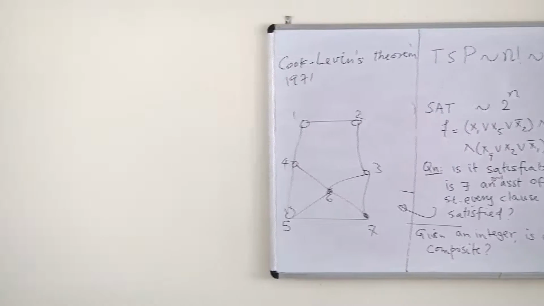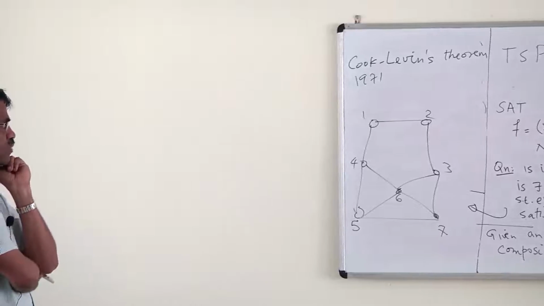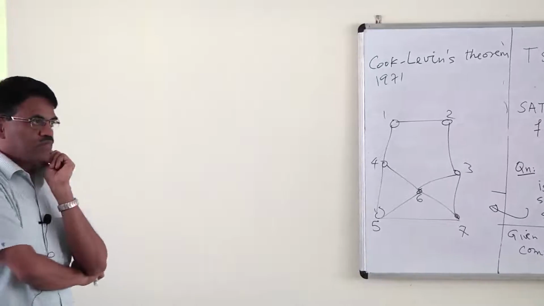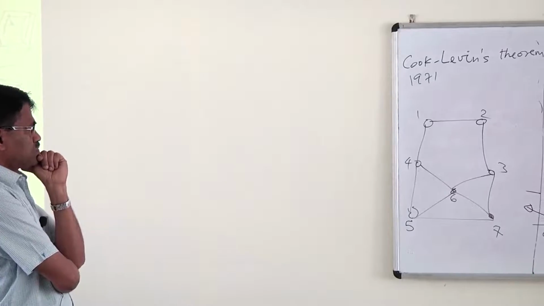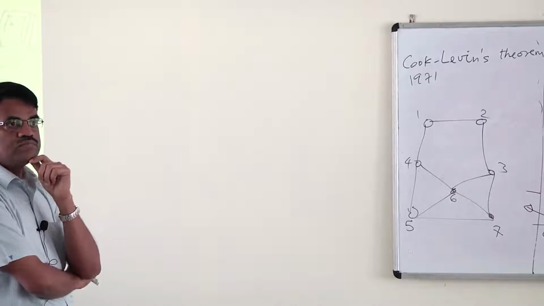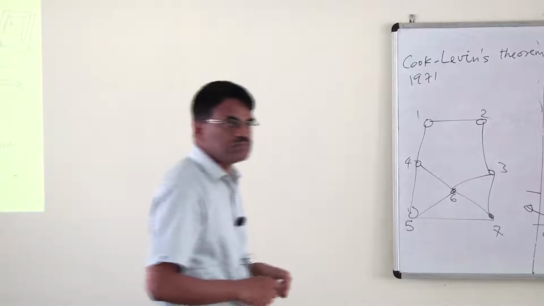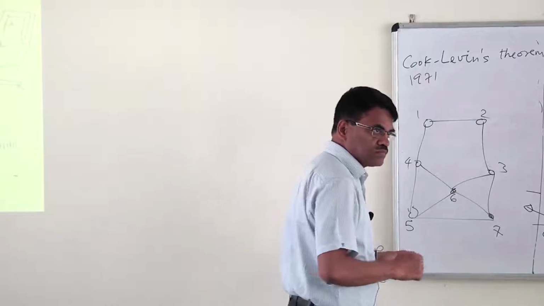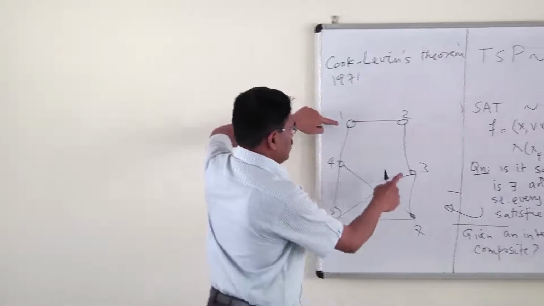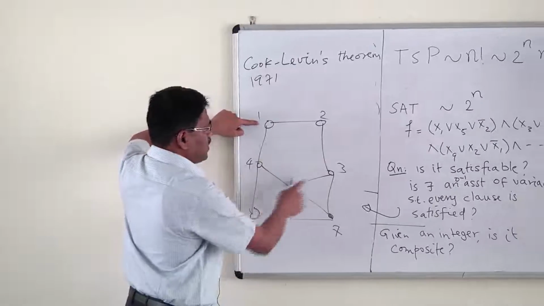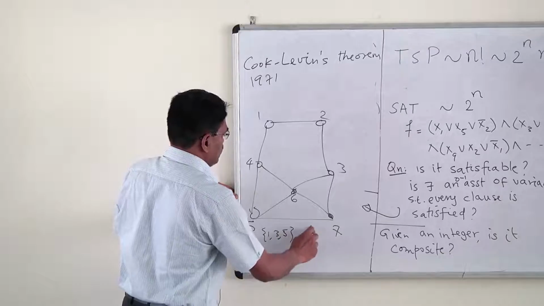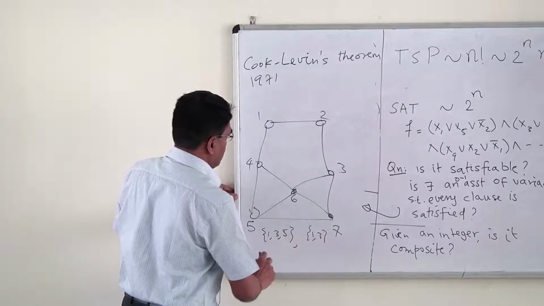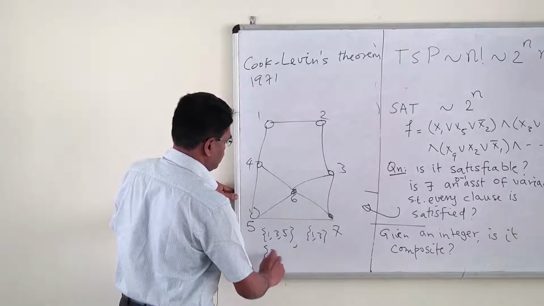1, 2, 5, 7. Is it independent? No, because 1, 2 is an edge. 1, 3, 5 is independent. Yes. Then 2, 4, 7.